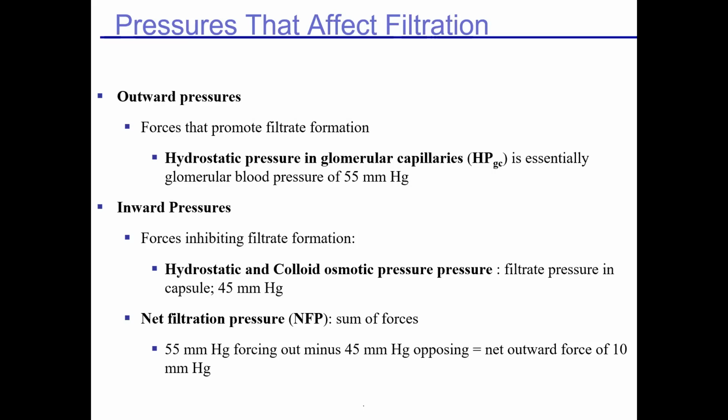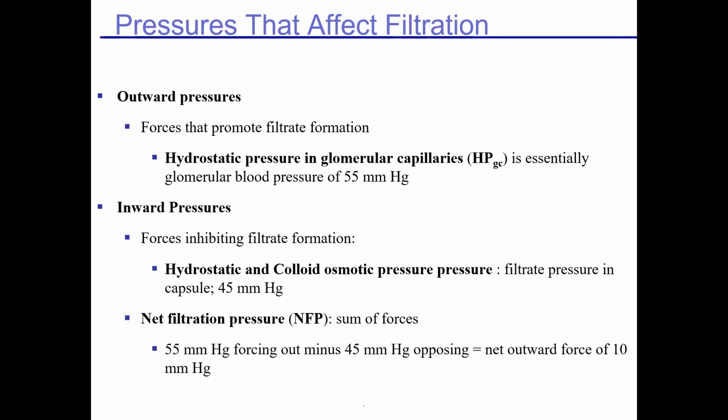So if the pressure in the glomerulus is, let's say, 55, the back pressure is conveniently around 45. So the pressure of the filtrate going into the proximal tubule is about 10 millimeters. We have just enough back pressure from what's already in the tubule.